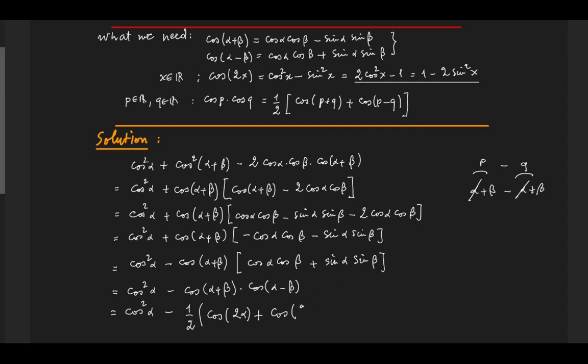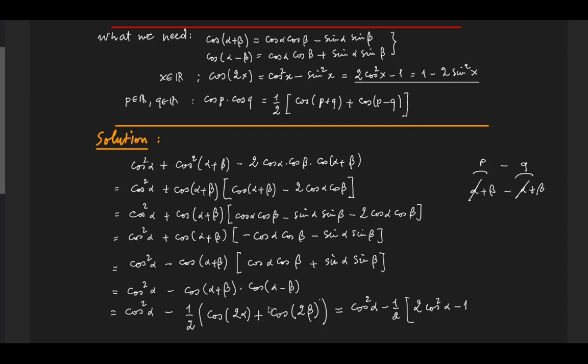Beta plus beta, that's 2 beta. So cos squared alpha minus 1/2 times cos 2 alpha plus cos 2 beta. Now cos 2 alpha is equal to 2 cos squared alpha minus 1. But for cos 2 beta, we use the third one, which is 1 minus 2 sine squared.